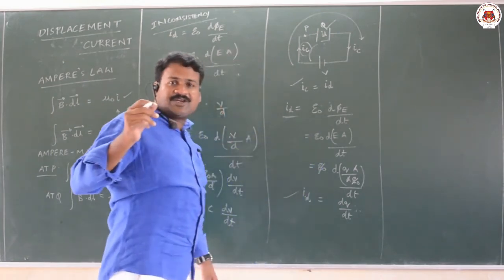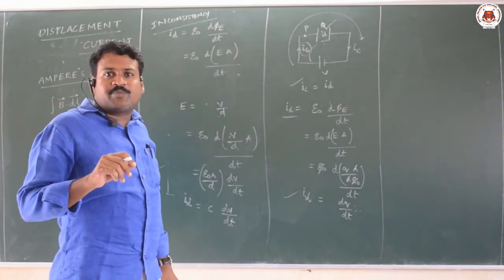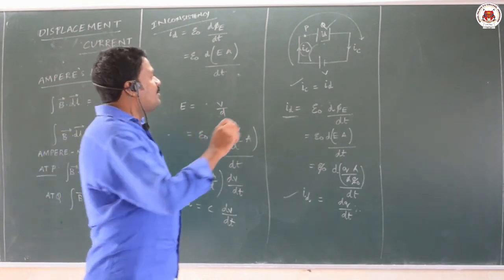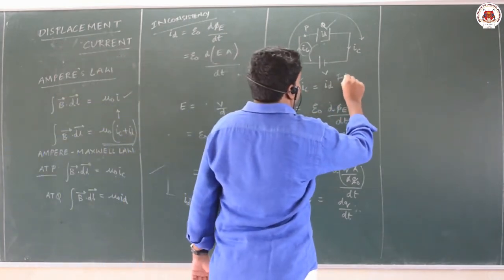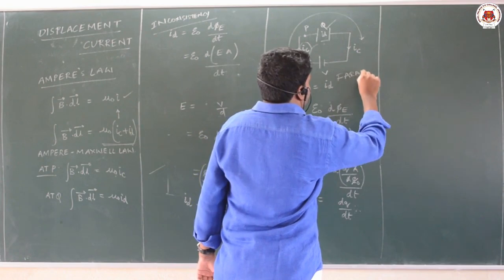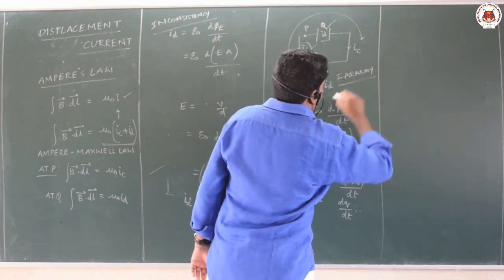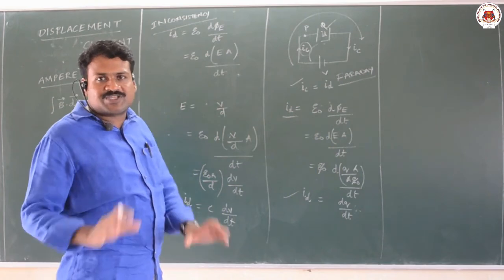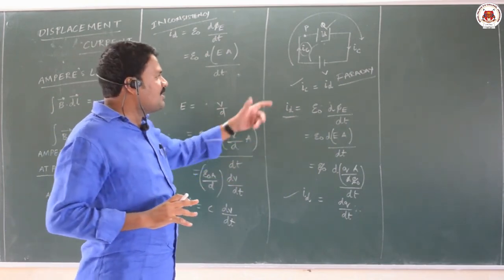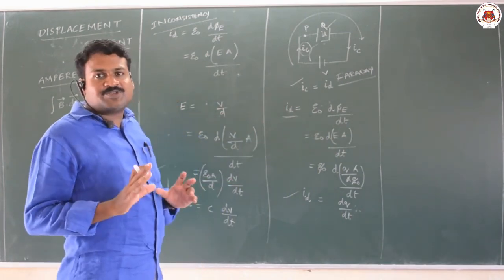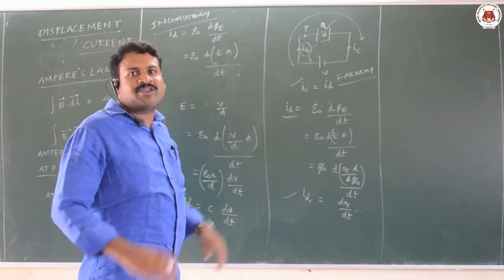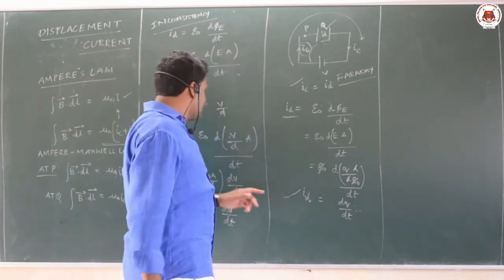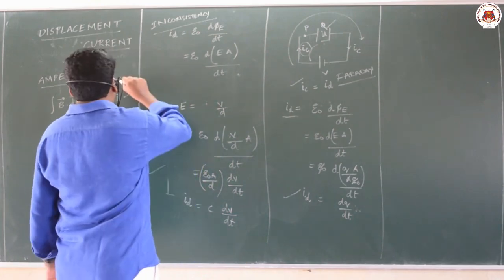The time variation of magnetic field produces electric field, that is already given by Faraday. If you change magnetic flux, you will get electric field. If you change electric flux, you are getting magnetic field. So this is all about displacement current, and this is the correction made by Maxwell.